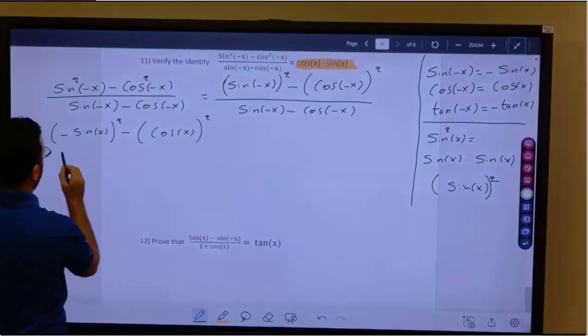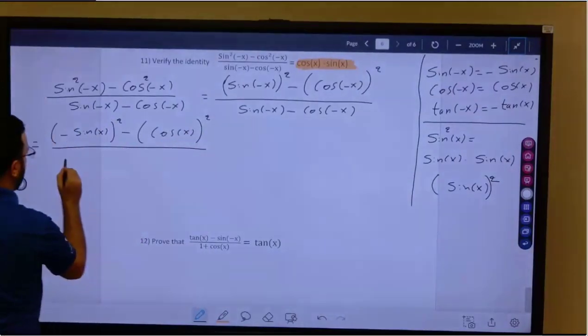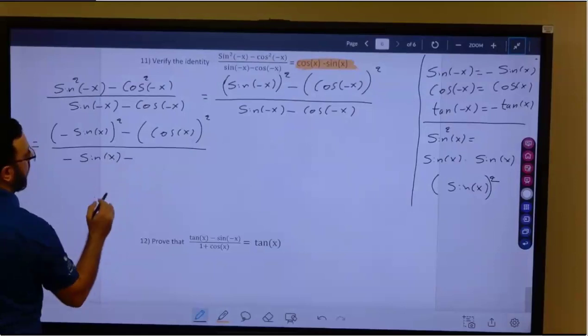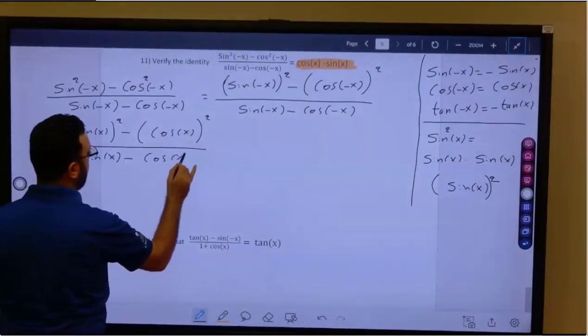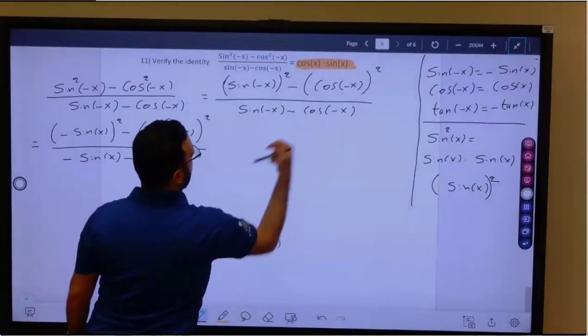Keep the square here. Over negative sine x minus cosine x. But don't forget, you have a negative sign here, and this one is positive.